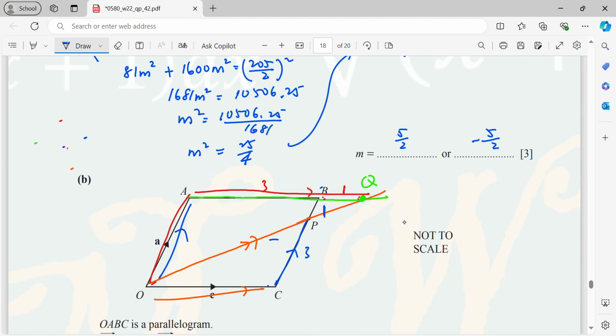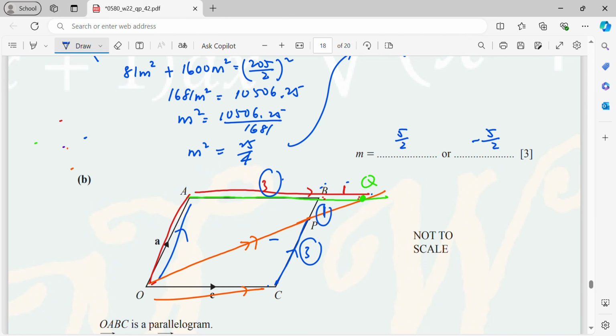Okay, AQ, since I know that here is 3, this is 1, so BQ is shorter than AB. That means AB is 3, BQ is 1.